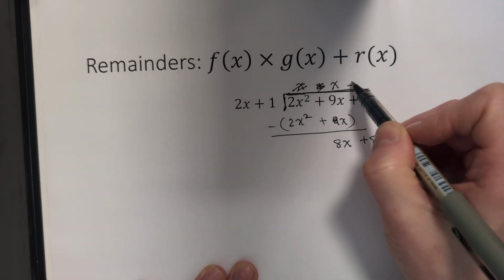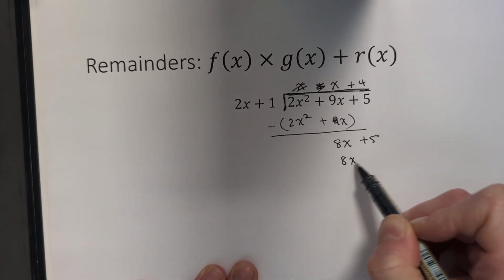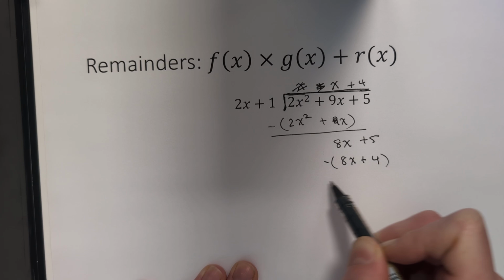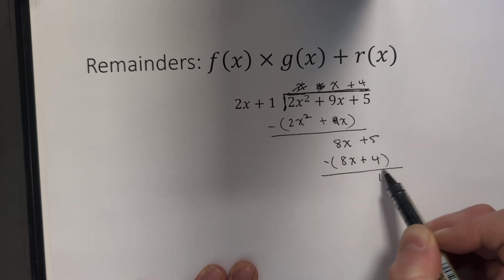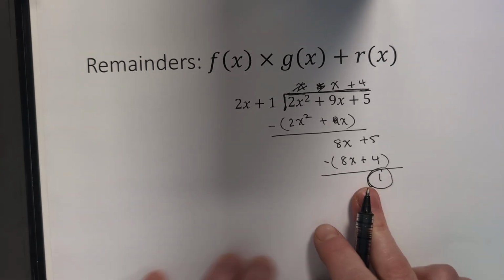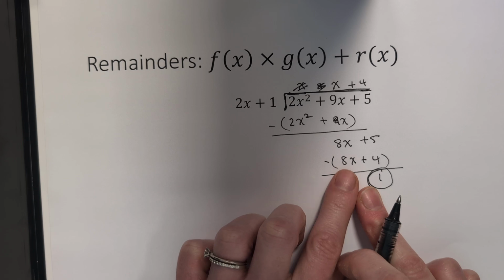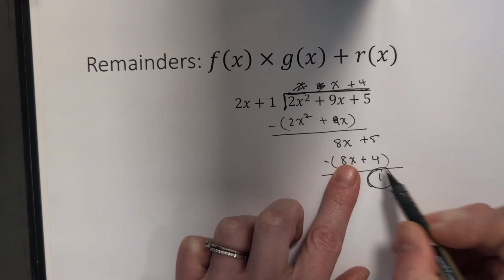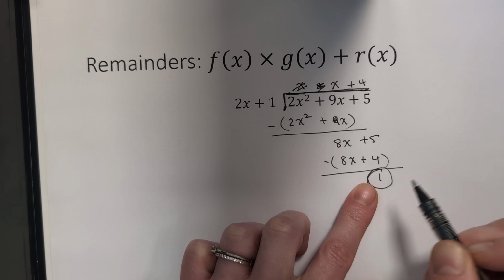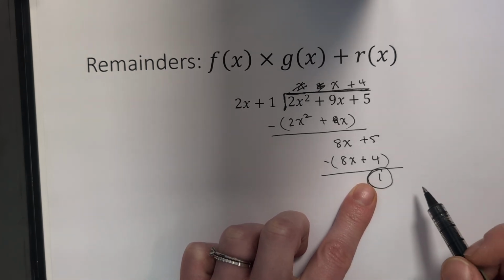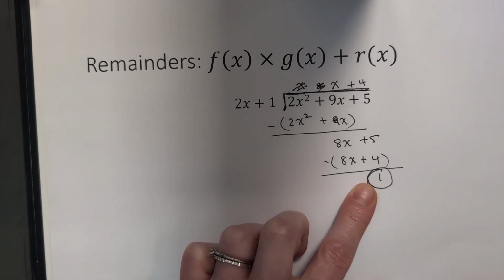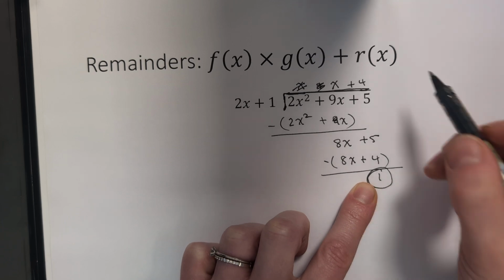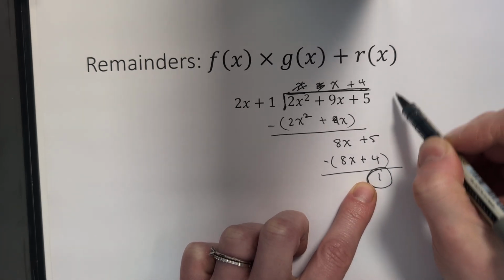Bringing down here. 2x goes into 8x plus 4. Now we have 8x plus 4. And you'll see that this isn't a perfect divisor, so it's not factorable by this. It might not be factorable by anything, but this means we have a remainder of 1. And if you do think back to how that works with dividing by 7, for example, or any real number, you would say, well, that's 1/7 left. So we could actually say that that is then the remainder.